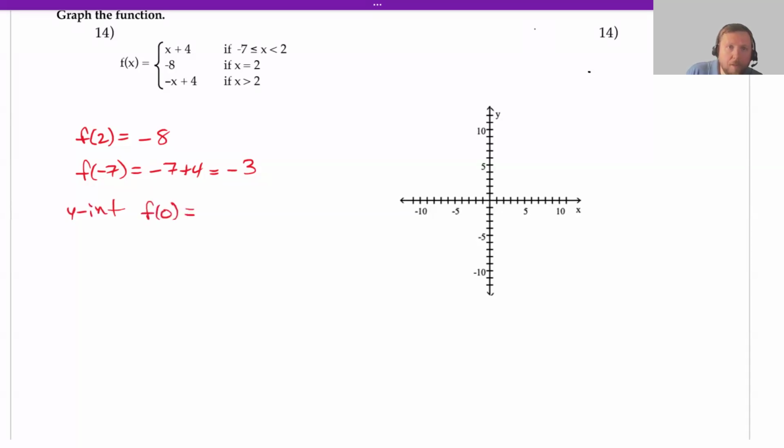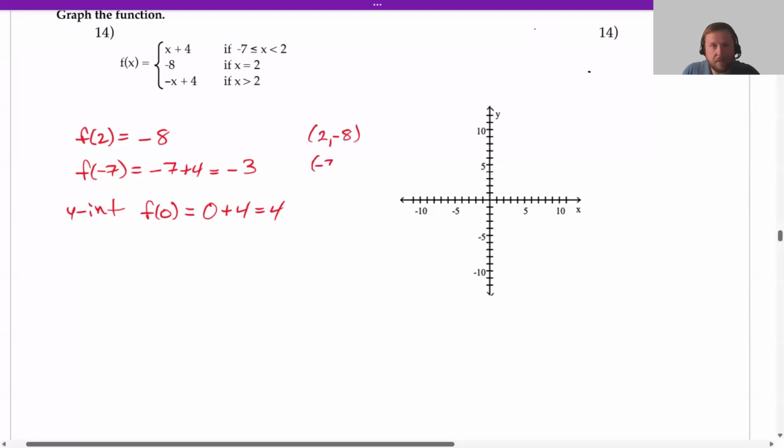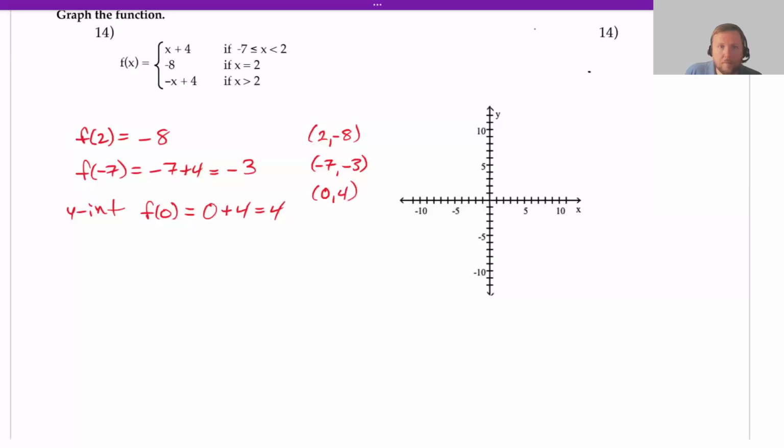For f of 0, we look for the piece that has 0 in it, so that's the first piece, so that's going to be 0 plus 4, so I get 4. So far I have these points that are actually on the function: (2, -8), (-7, -3), and (0, 4).